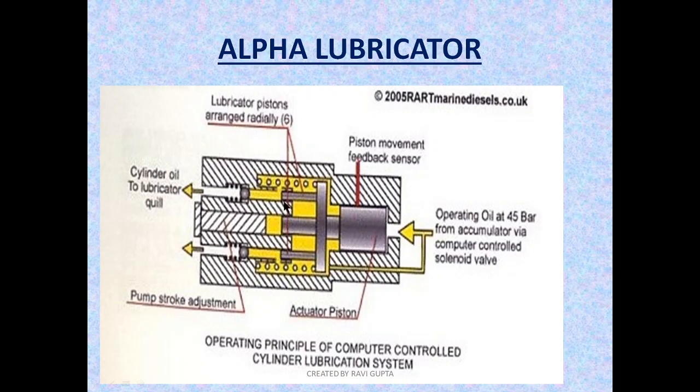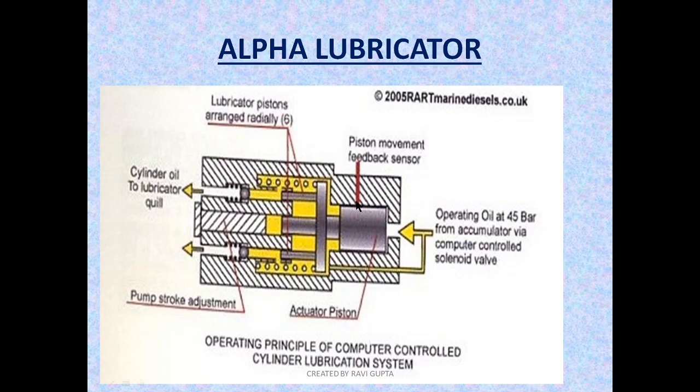And this is the lubricator piston, which is going to move up and down, and these are arranged radially, 6 or 18 in number. This is the ball type non-return valve, from where the oil, once injected, will be pushed and go to the lubricating quill. And this is the feedback sensor.